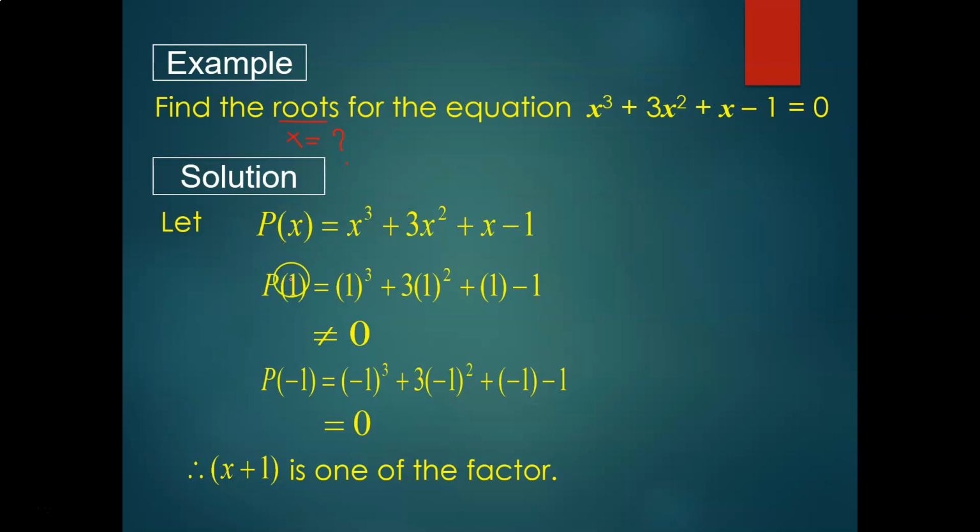So you substitute 1 into this equation, but unfortunately you get an answer not equal to 0. So 1 is not going to be your root. Okay? If 1 is not your root, how about we try negative 1? When we substitute negative 1 into this equation, you get the answer equal to 0.